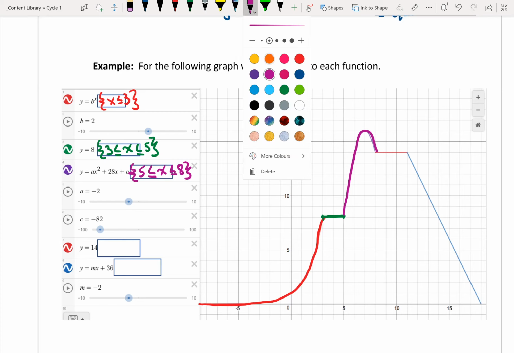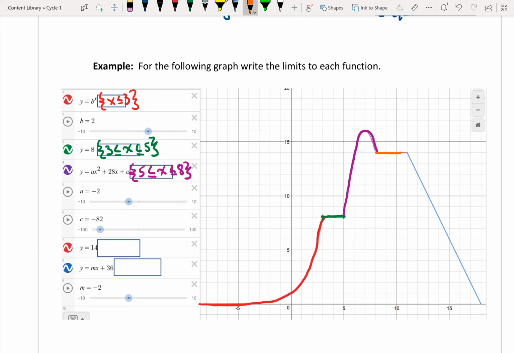For our orange function here, again, we're looking at the start and the end point of the function. It starts at 8, so the x values are greater than or equal to 8, but less than or equal to where it ends, which in this case is 11.